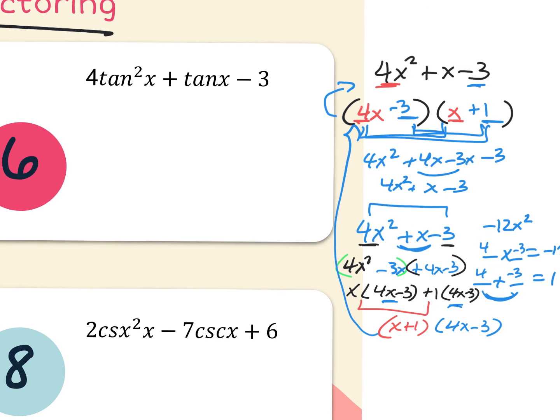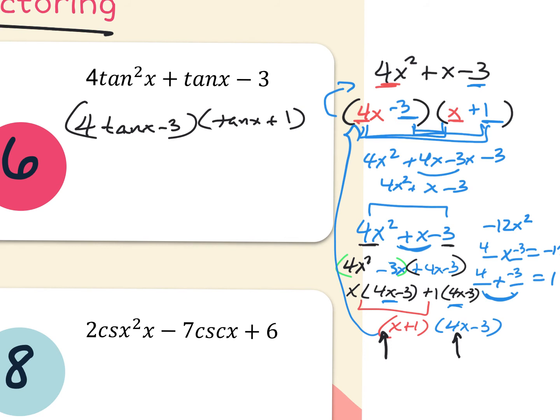So we're going to put the word tangent in front of each of these x's. So the factored trinomial becomes 4 tangent x minus 3. Fix that. And then tangent x plus 1.